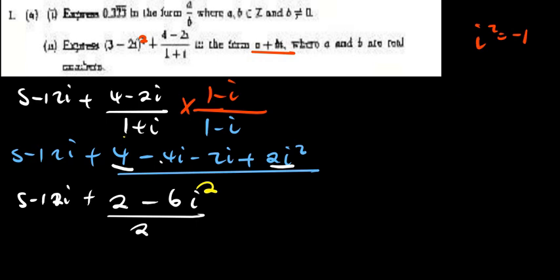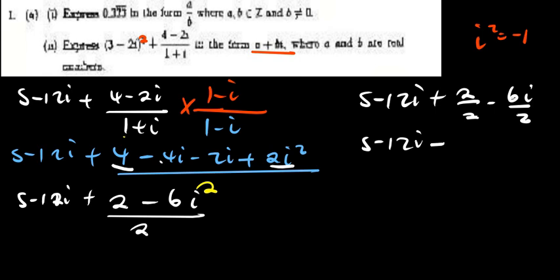It means that I have got 5 minus 12i plus 2 divided by 2 minus 6i divided by 2. So 5 minus 12i plus 2 into 2 is 1. 6i divided by 2 is 3i. Now I can add this. This and that is 6. Then this and this is negative 15i. So this is the answer.